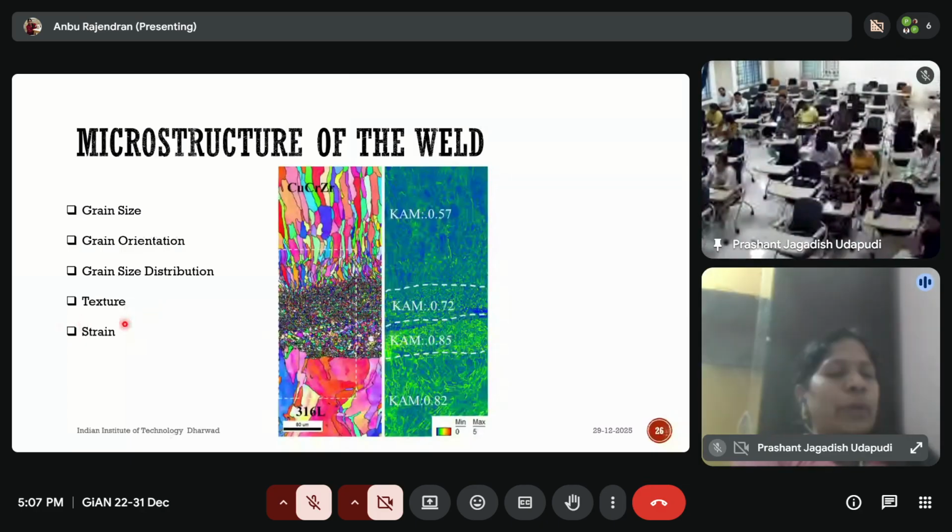Then EBSD also provides the detail of the presence of strain inside the material. So a KAM map will give you the understanding of the stress distribution or strain inside the material.